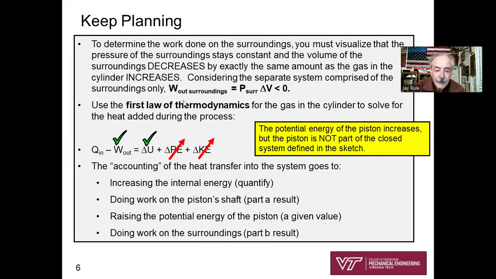So I could argue that the work done by the surroundings, in other words, the work out by the surroundings, is going to equal P of the surroundings times delta V of the surroundings, which will be a negative number. And so we're going to get a negative number for the work done by the surroundings, or in other words, the work done by the gas on the surroundings. So that's going to be the key for that.